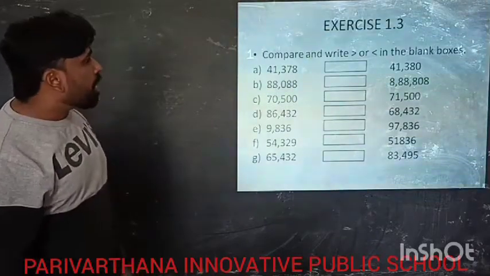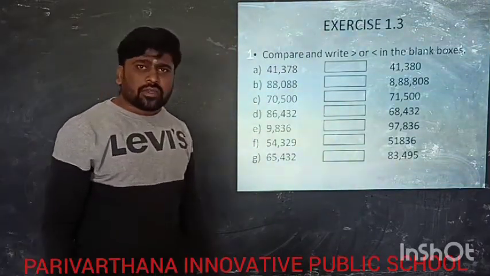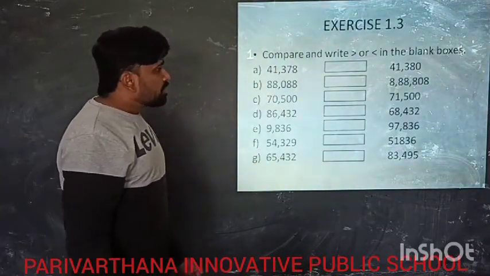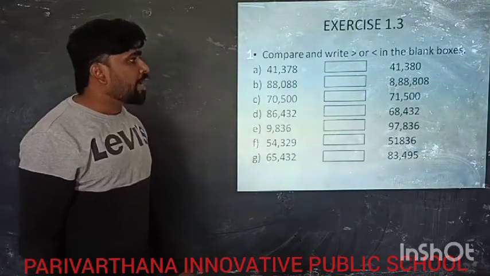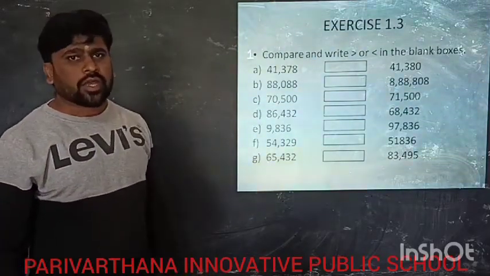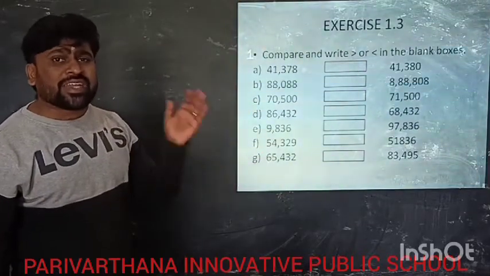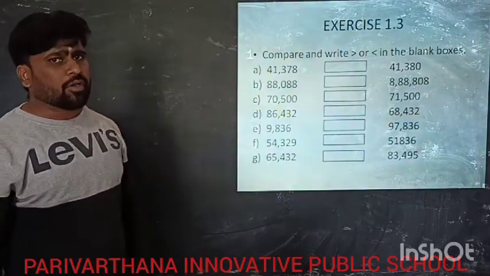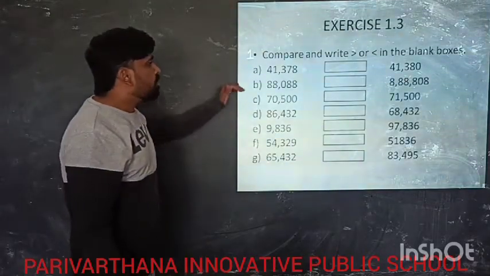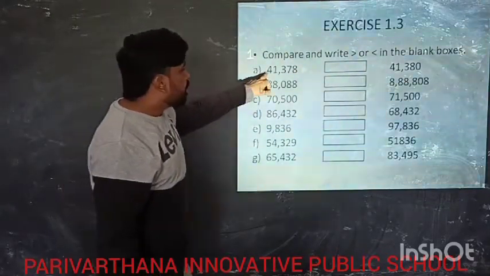That is, compare and write greater than or less than in the blank boxes. Clear? First complete the answer in the textbook. Afterwards neatly copy it to the CW. Okay? First thing, we have to compare between these two numbers.